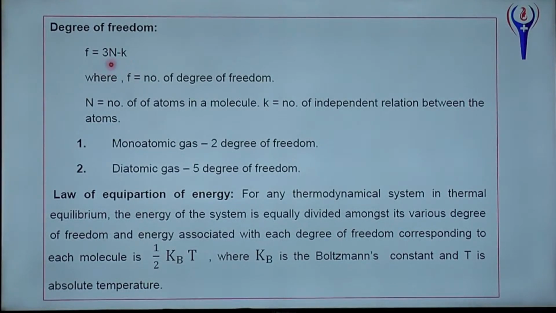So F equals 3n minus k, where n is the number of atoms in a molecule and F is the number of degrees of freedom. That is the number of individual coordinates required to specify the motion.